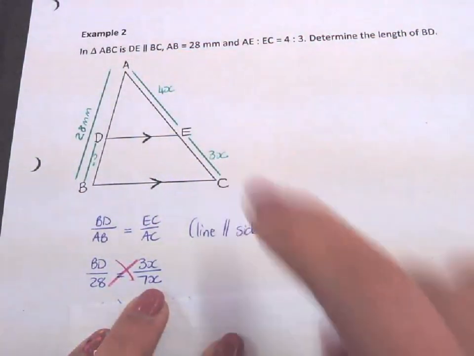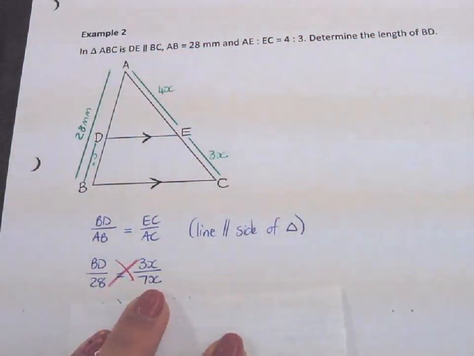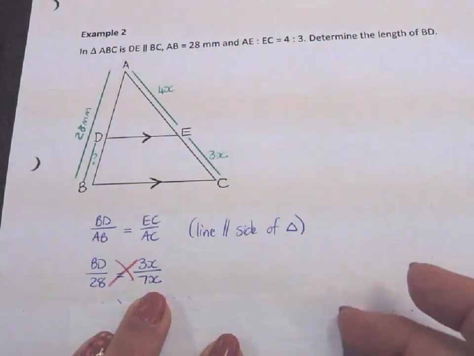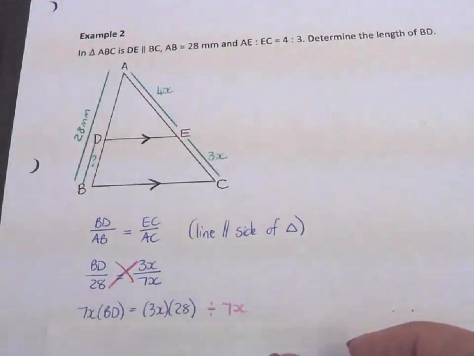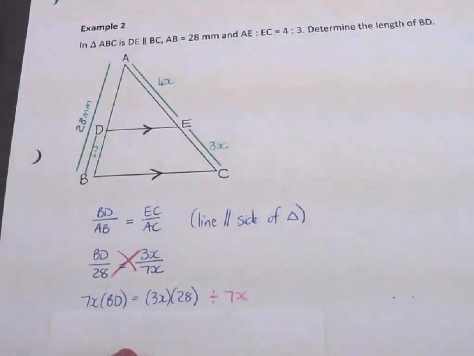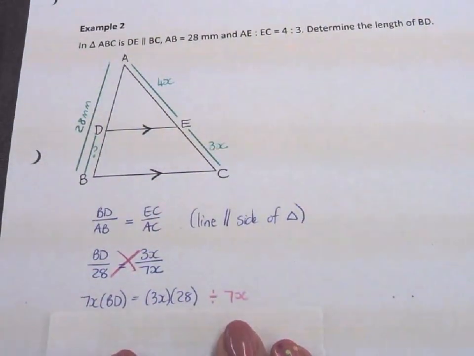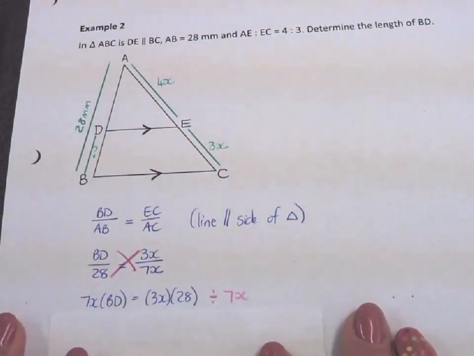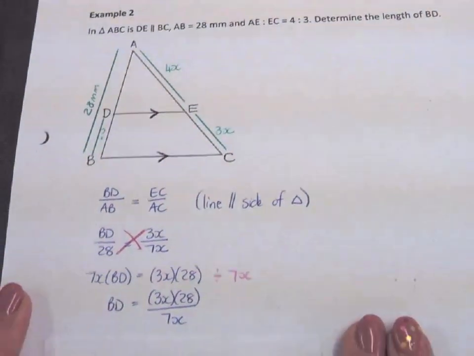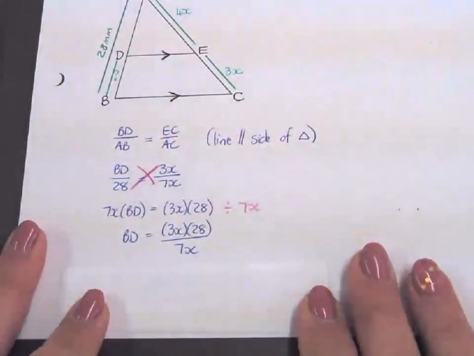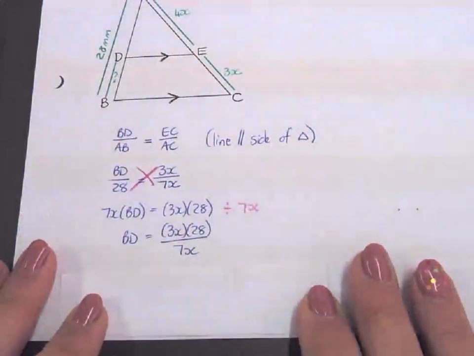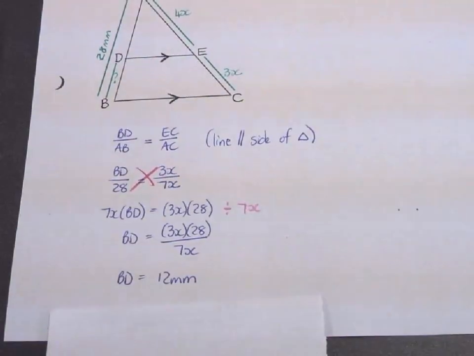That's why it's 7x. Cross multiply. I want BD alone, so I divide by 7x. Cancel out, and then you get your answer.